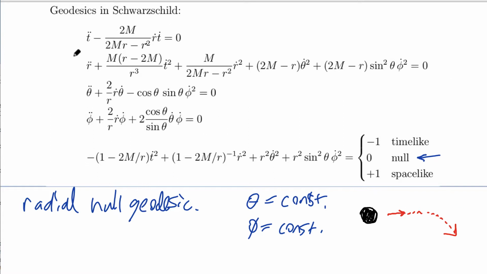So let's look at these equations, the geodesic equations, with theta and phi both equal to constants. So this equation is just 0 equals 0, and likewise this equation just says 0 equals 0. This term goes away, this term goes away, and in the normalization expression, these two terms go away.